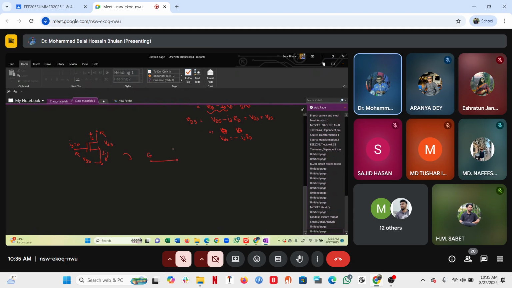Gate, and let's say this is our source. So between gate and source it is an open circuit, so IG is equal to 0. So all we have is VGS.